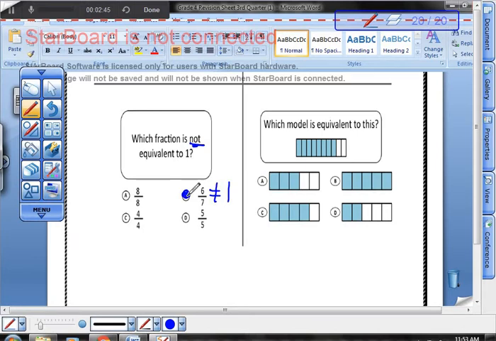Next, we have which model is equivalent to this model. We can use our eyes, grade 4. We know the word equivalent means equal values or equal amounts, okay? So this amount is equivalent to which of these amounts?